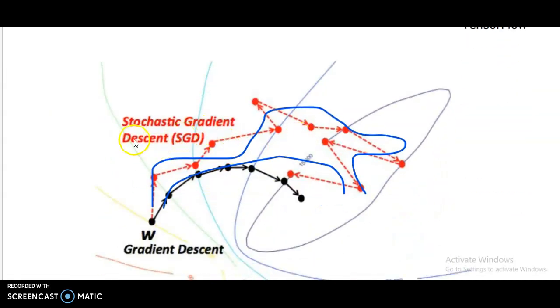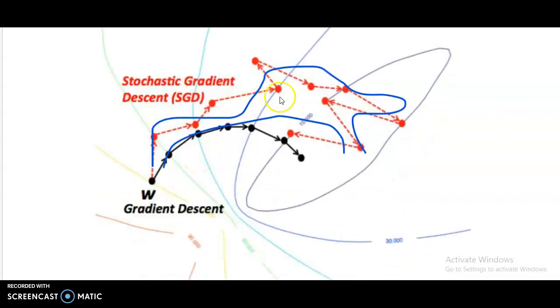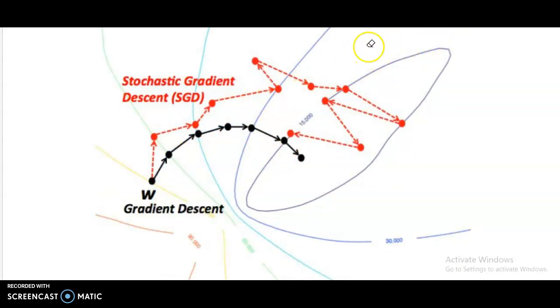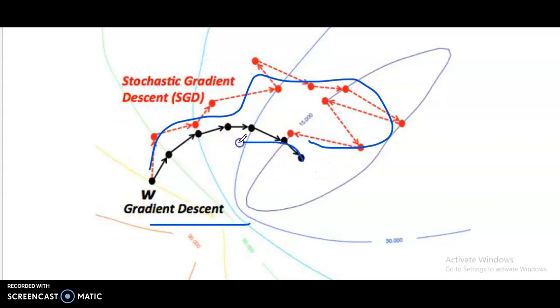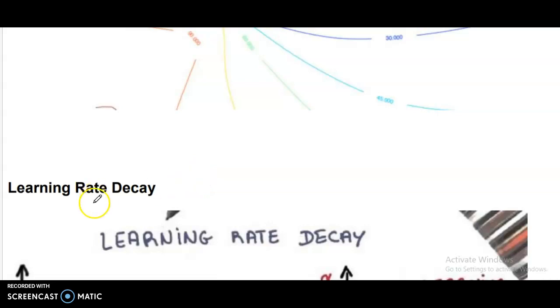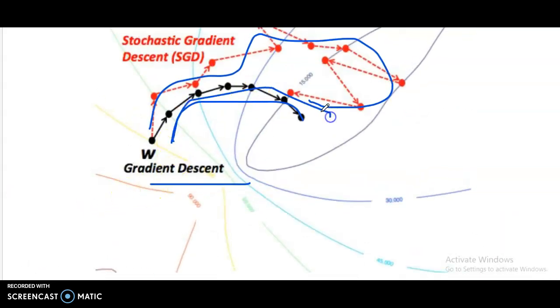So already we have seen gradient descent, stochastic. This red line, stochastic gradient descent, this one, sorry, like this way.